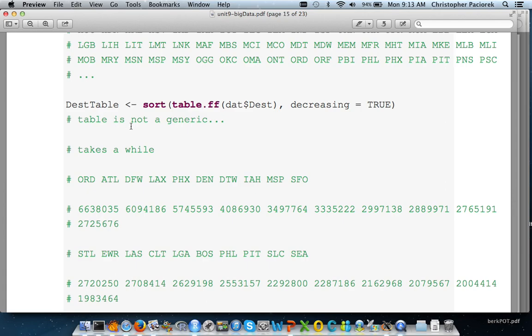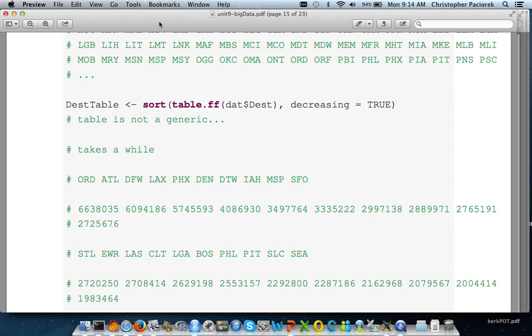I can also do, it's always a good idea to do some basic querying just as a reality check, to make sure that the data you've read in match your understanding of what they should look like. So one check here that we could do is, I've used the table function, except there's a version for these ff data frames. So one thing to be aware of here that actually tripped me up briefly was that table itself is not a generic function.